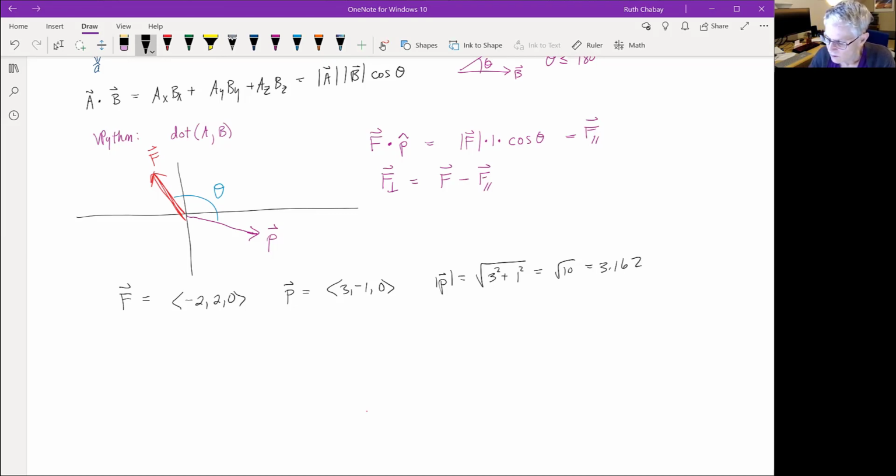And so P hat is going to be P over the magnitude of P, and that's going to be 0.949, negative 0.316, 0.